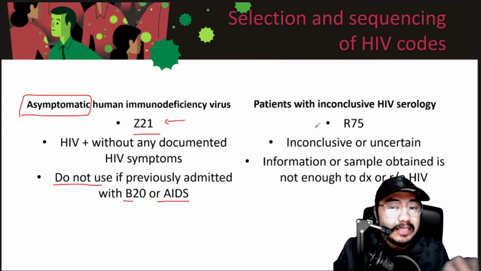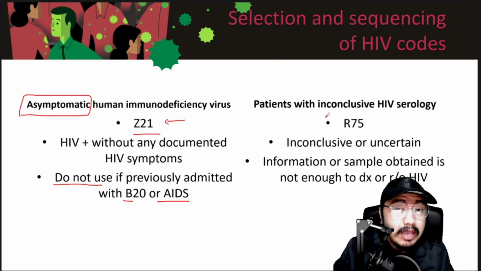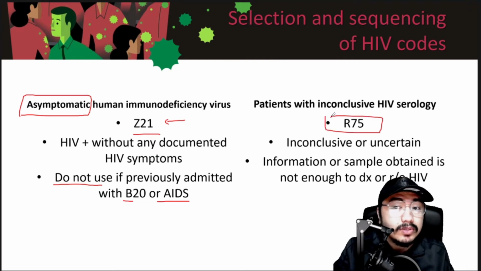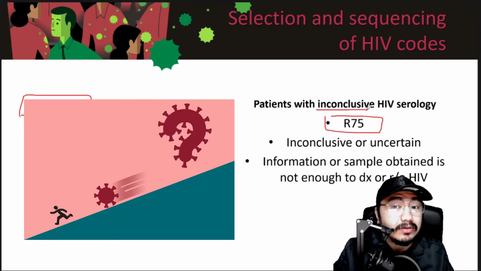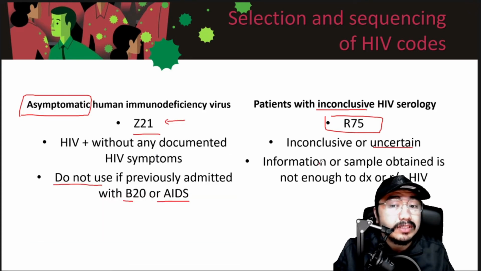All right. As for the next scenario here, we have your R75. If the doctor mentioned in the patient notes that the result is inconclusive or uncertain. Again, the meaning of inconclusive is that the information or the sample obtained from the patient is not enough to rule out the final diagnosis.